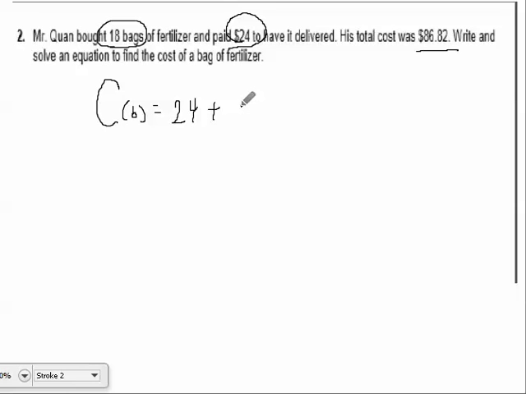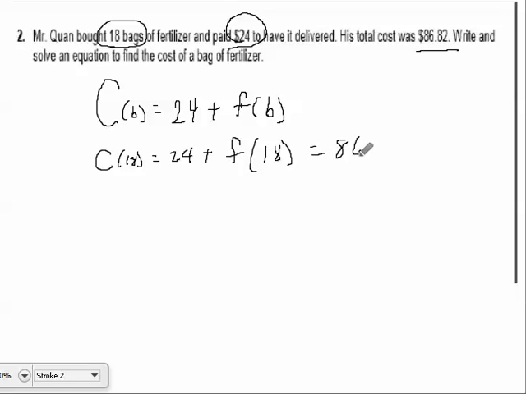How do we want to write that? Let's see here, some value f times the number of bags that he purchased. In this particular situation, our cost for 18 bags was equal to 24 plus some factor times 18, and that was equal to 86.82.